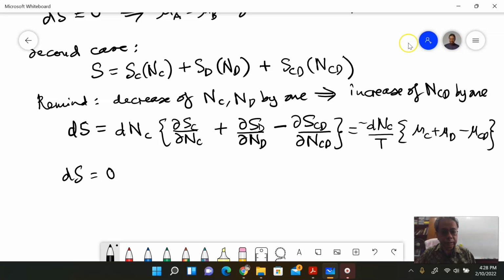So this will be 0, which implies, for chemical equilibrium, that mu C plus mu D equals mu CD.